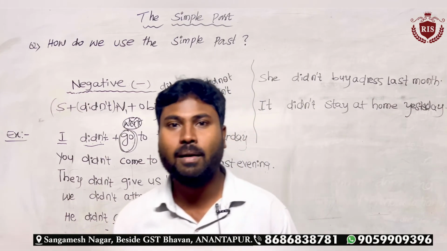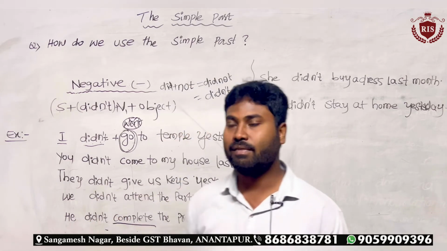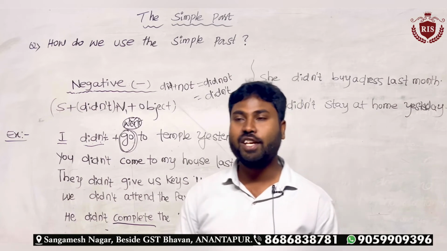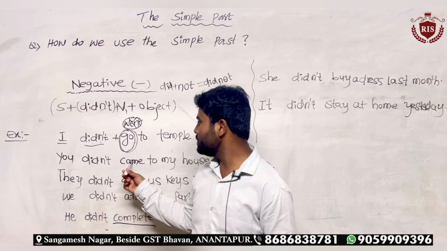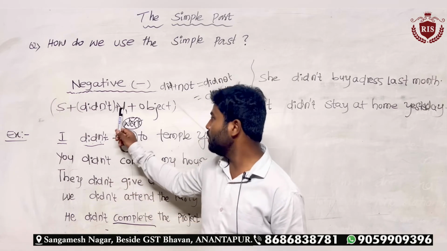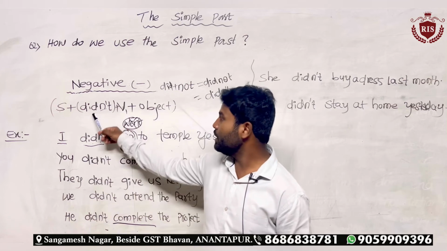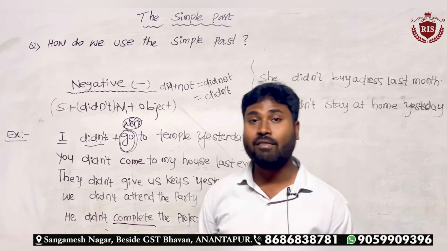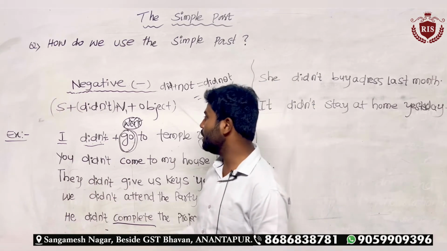Most of all, students commit mistakes when they deal with negative sentences. So we should not commit any mistakes. What you have to remember is, in the negative sentence, the verb form is always V1. When you use didn't in the negative sentence after the subject, there should be only the V1 form of the verb.